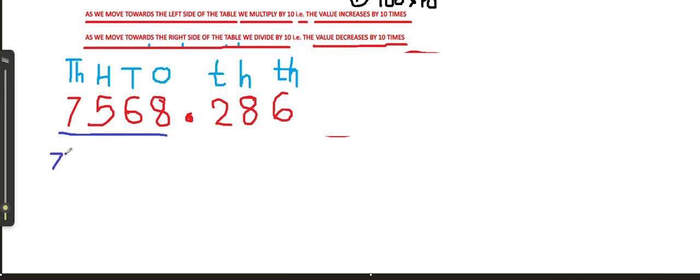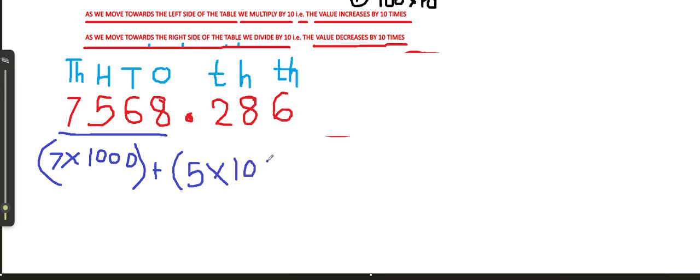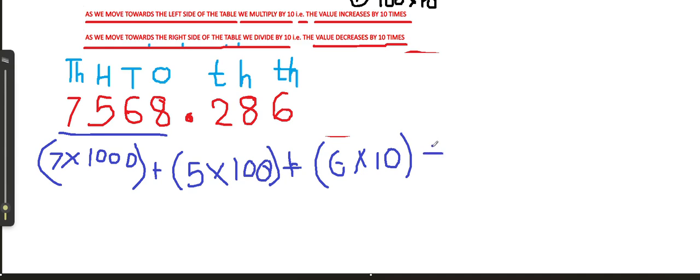7568. So this would be 7 times 1000, just because 7 belongs to the thousands place. 5 belongs to the hundreds place, so it is 5 times 100, plus 6 belongs to the tens place, so 6 times 10, and 8 belongs to the ones place, so it is 8 times 1.